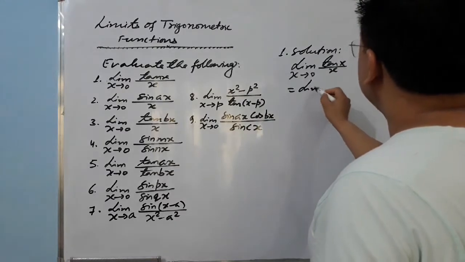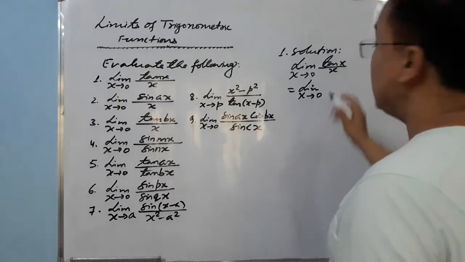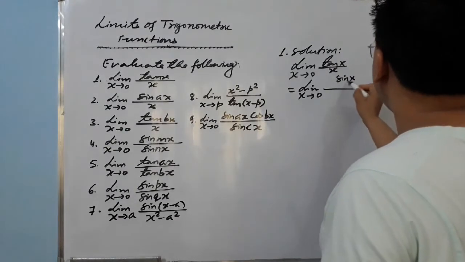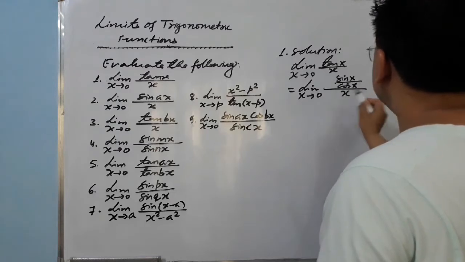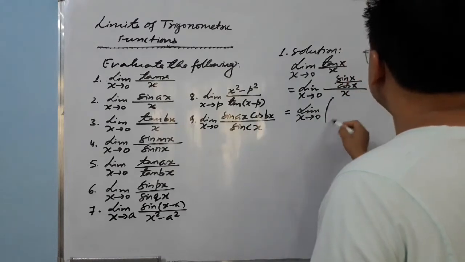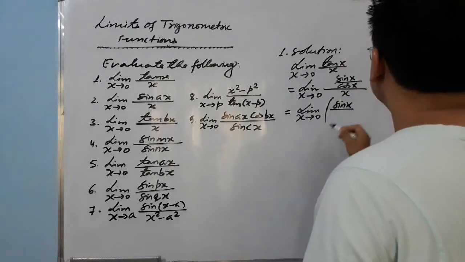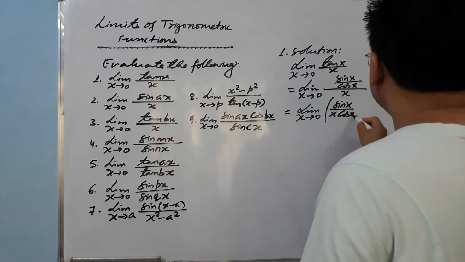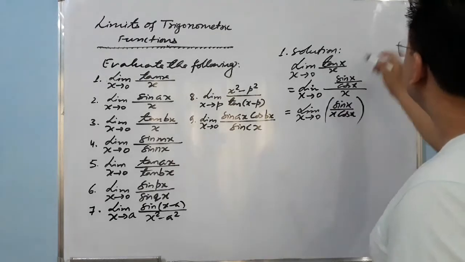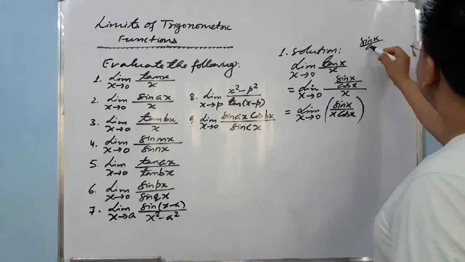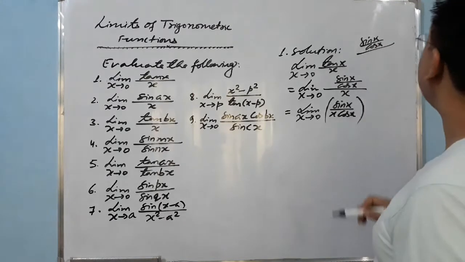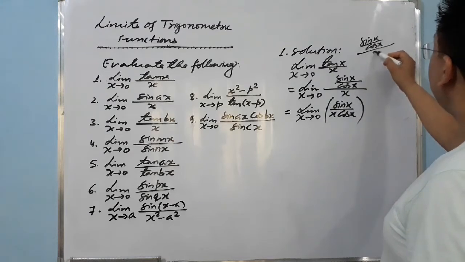Limit as x tends to 0. Tan x we can write as sin x over cos x, and here x. As x tends to 0, here we can write sin x over x cos x. What is the concept, if you are still in confusion? Sin x over cos x, this rational fraction, is divided by x.